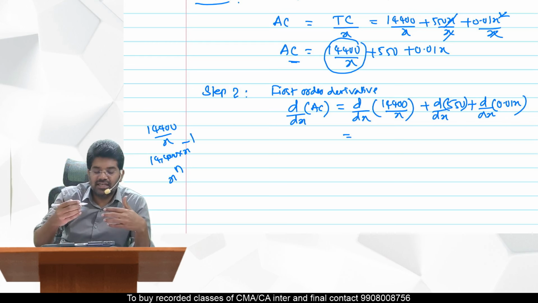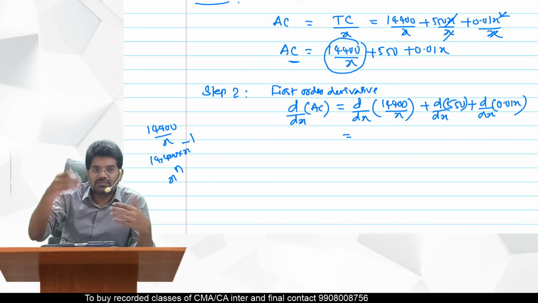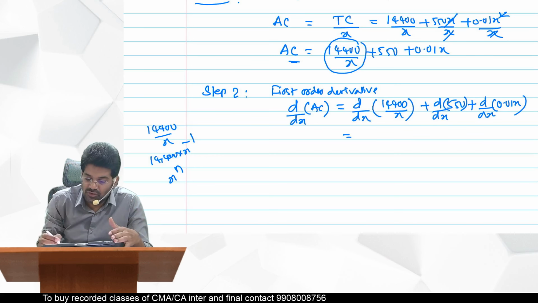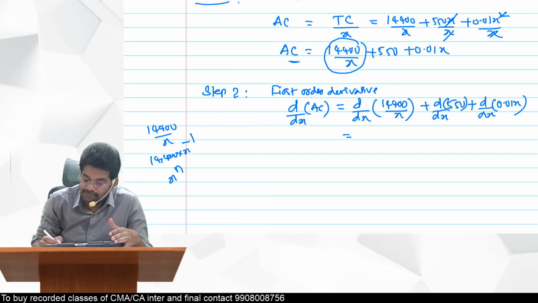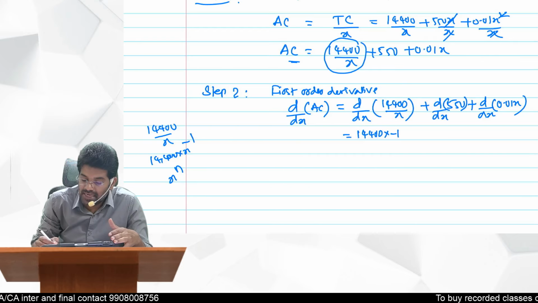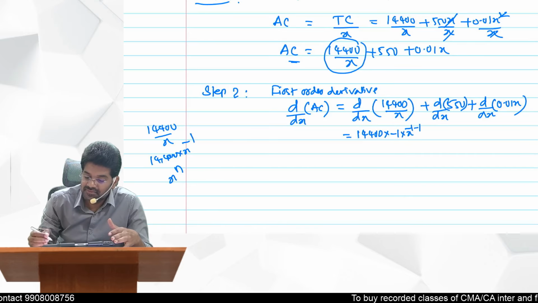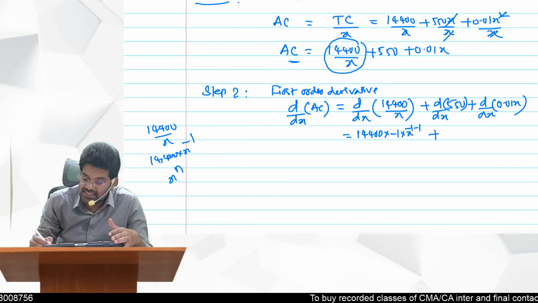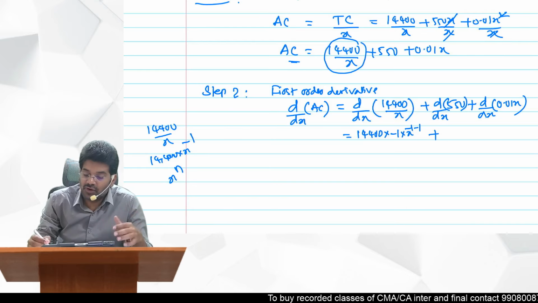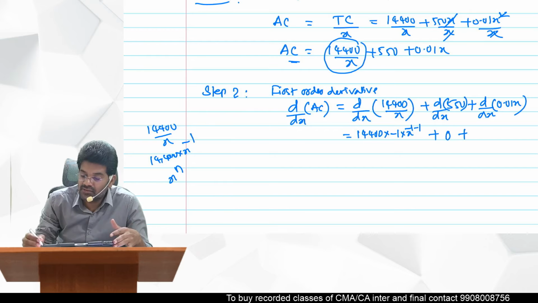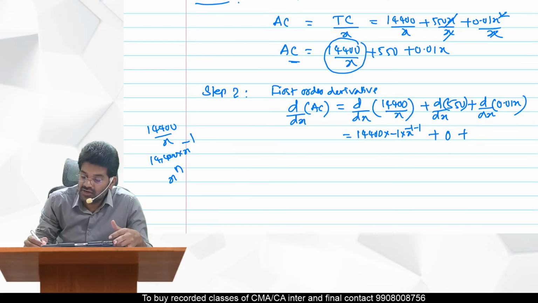The derivative of this is n into x power n minus 1. So 14,400 into minus 1 into x power minus 1 minus 1, plus d by dx of the constant is 0. The derivative of the constant times x is just the constant, 0.01.